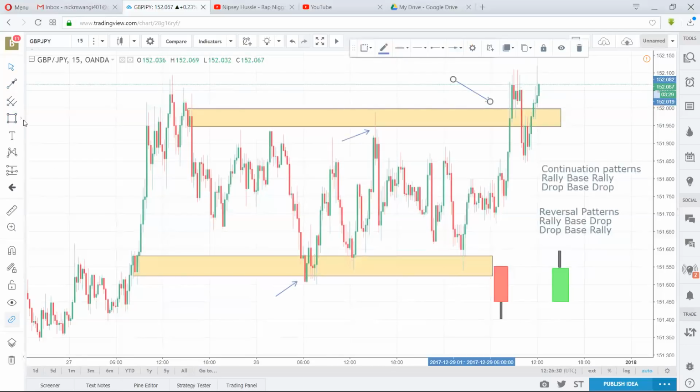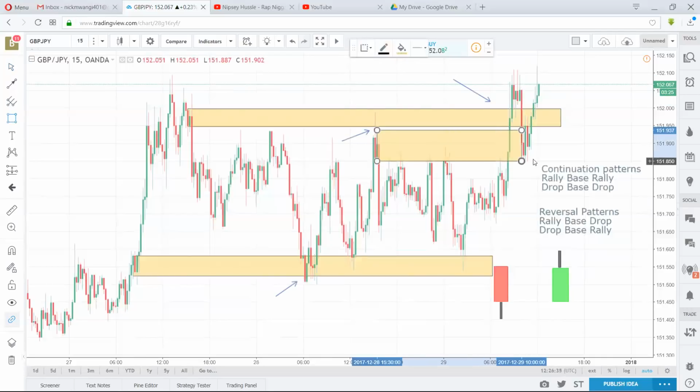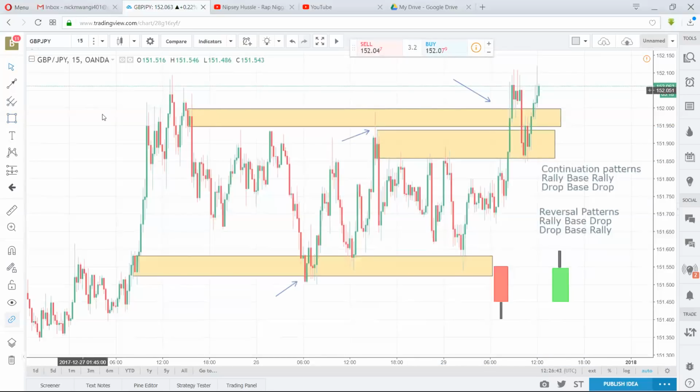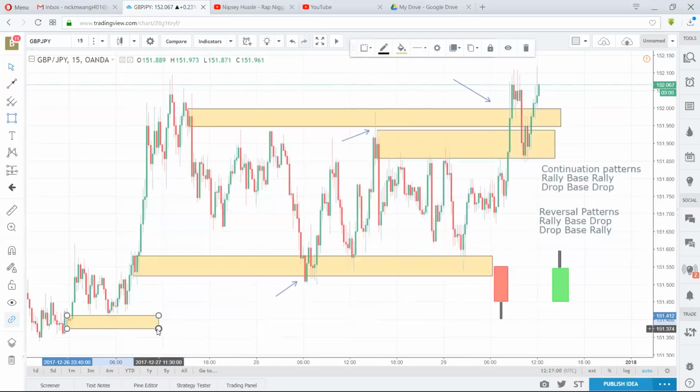Let me draw some minor zones here so that people can see what I'm talking about.